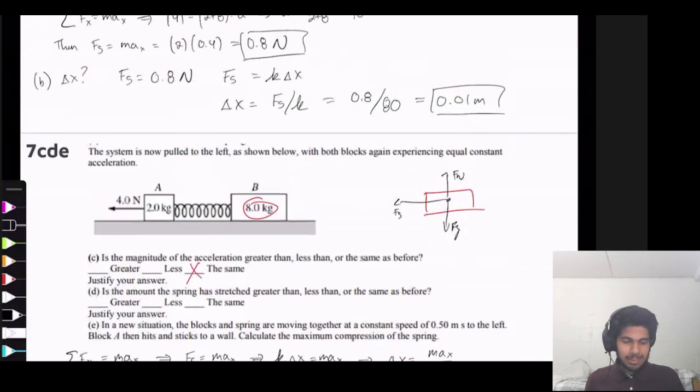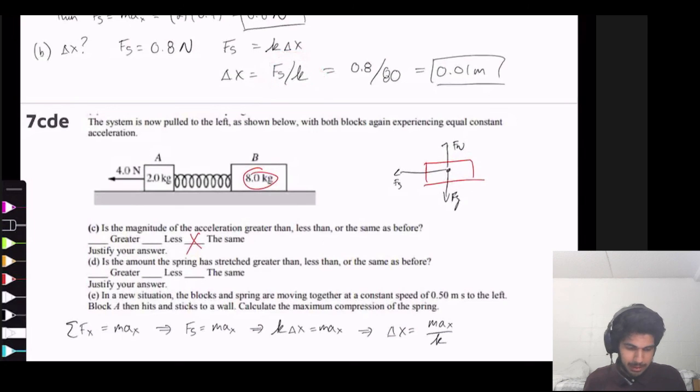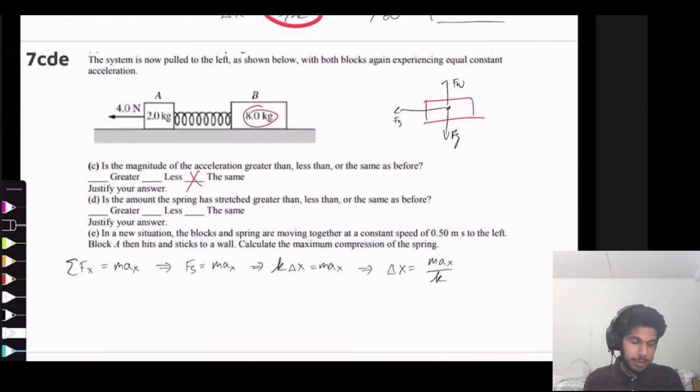So this is a very similar process to what we did here. Just, I guess, slightly different views. It's in terms of F sub s, but we said F sub s is equal to max. So if we make that substitution in here, that equation would be identical to this. So now we'll just plug in the numbers.